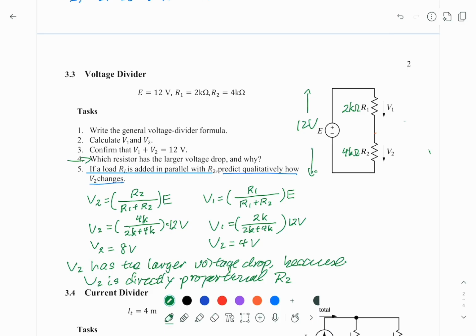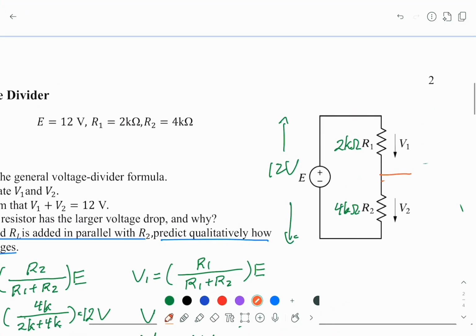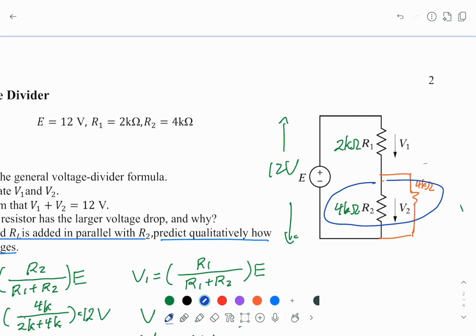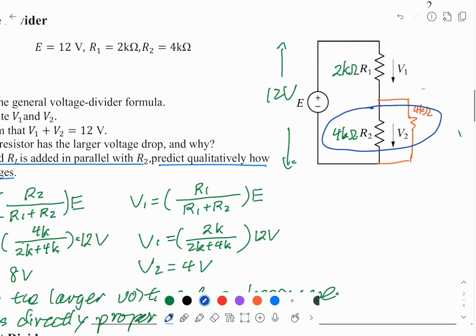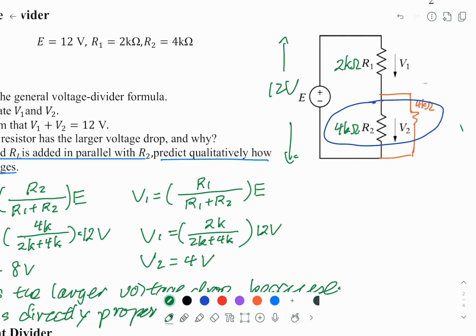Now imagine we connect another resistor, which is again 4K ohm. So these two resistors are connected in parallel. So effectively, you will have a circuit like this.